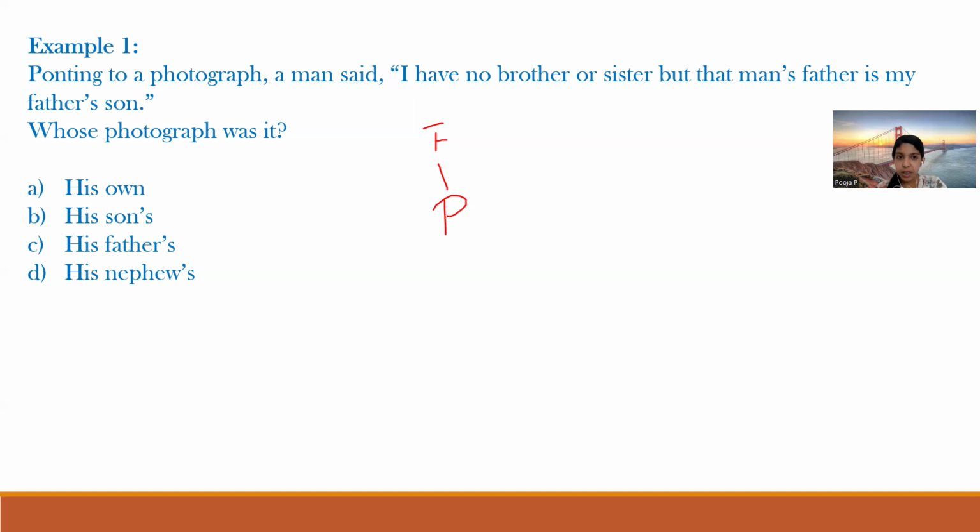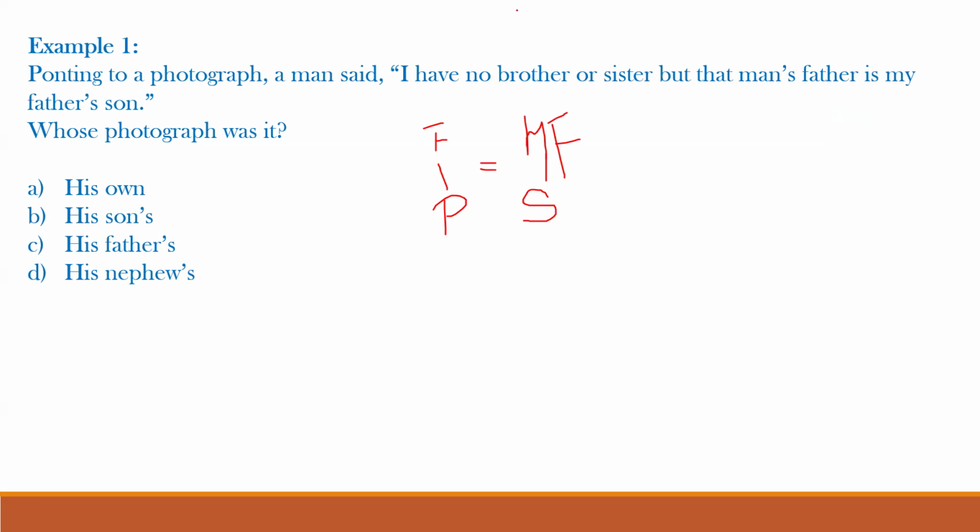So this man's father is my father's son. If you're confused, let's put my father's son. Did all of you understand till here? Yes, ma'am. So what is the answer then?